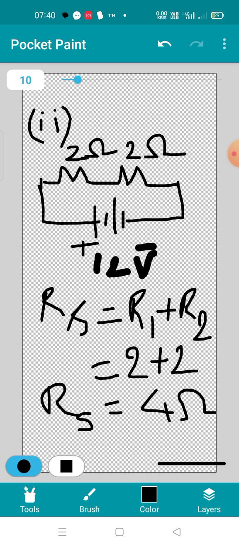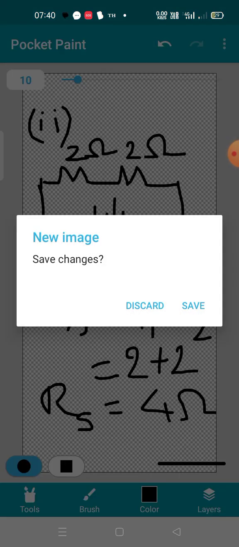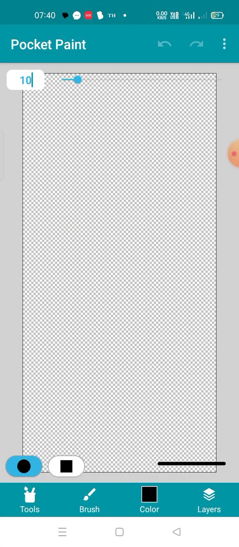Now let's see how we can calculate the heat produced in this combination of resistors. As I mentioned before, again there is a mention of V and the resistance R. So let's use the same formula.